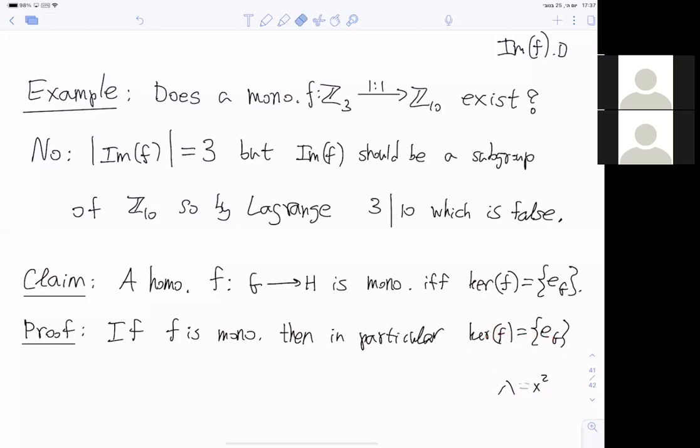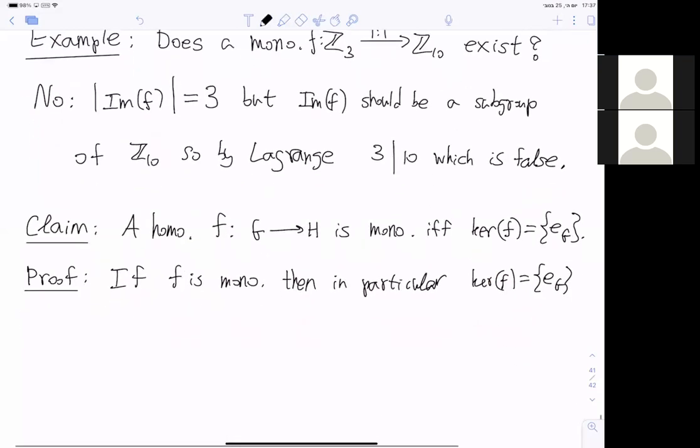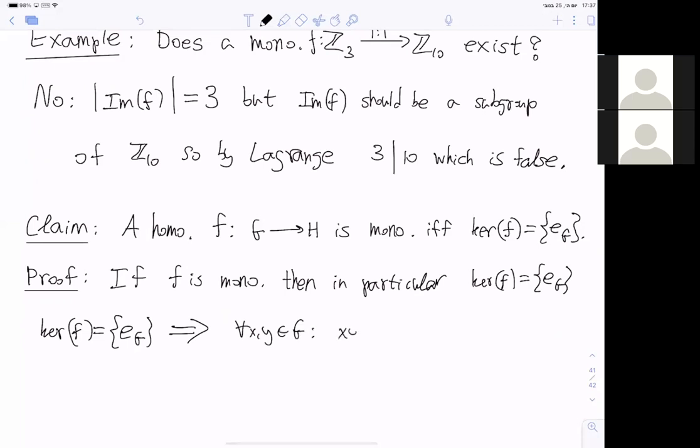So this is what we want to show. If the kernel is only EG, then for any x, y in G, if x y minus 1 belongs to the kernel, then x must be equal to y.